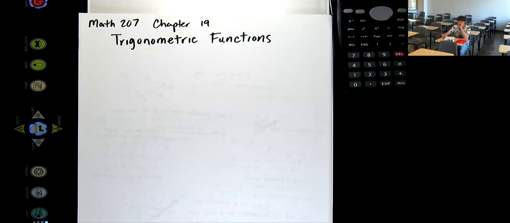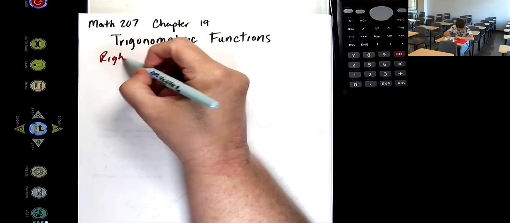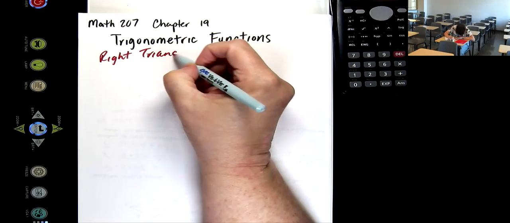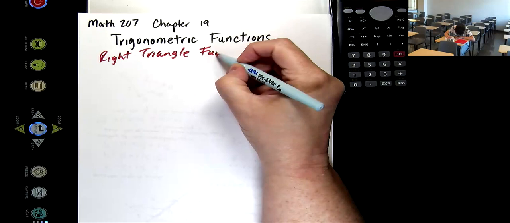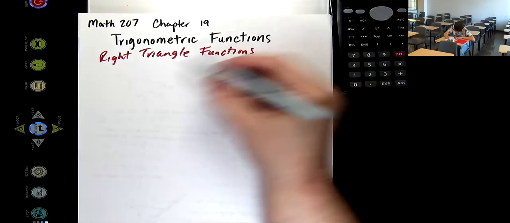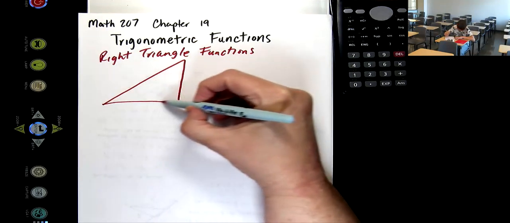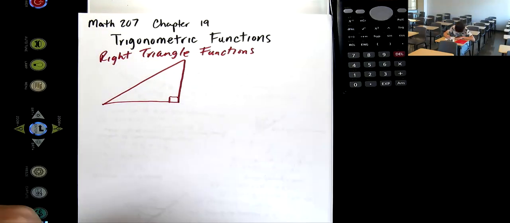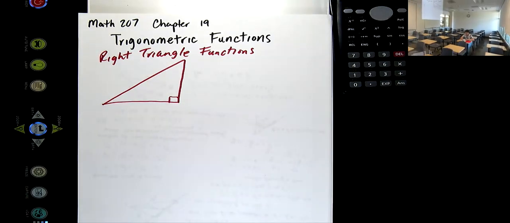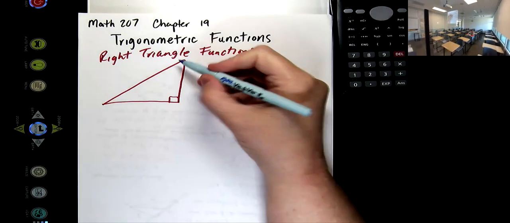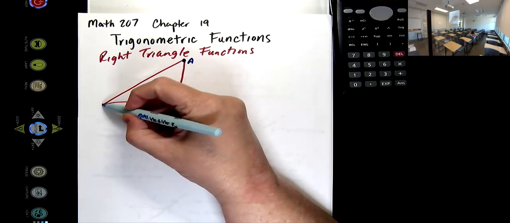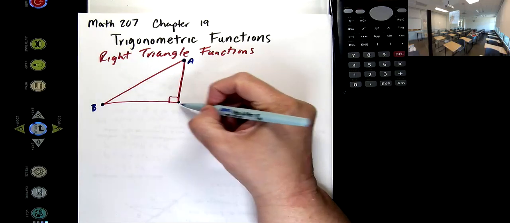All right, so trigonometric functions. These are with regards to right triangle functions. So I will call the top point A, point B over here, and point C down here.